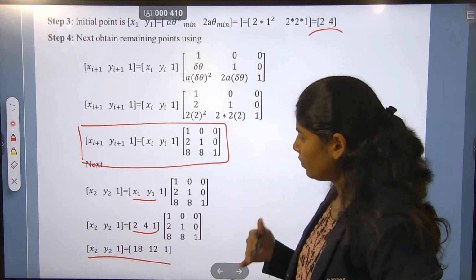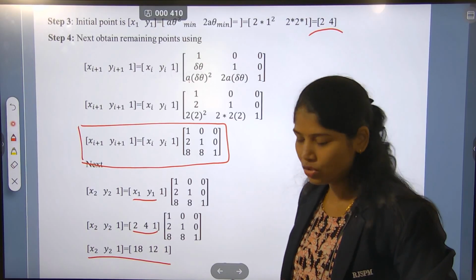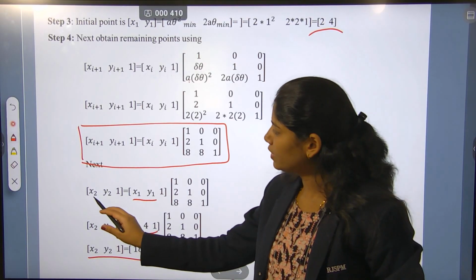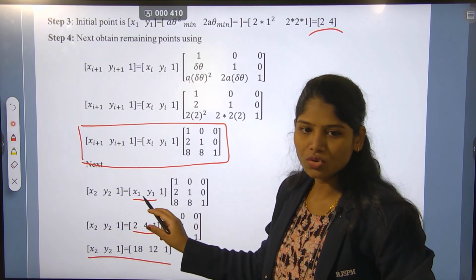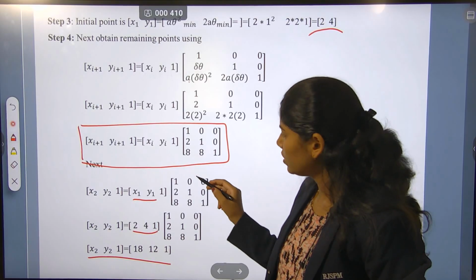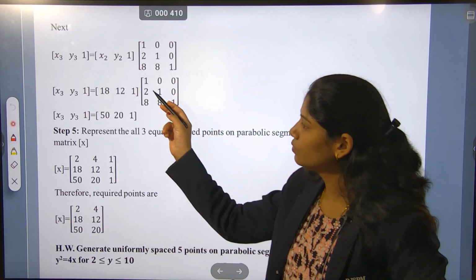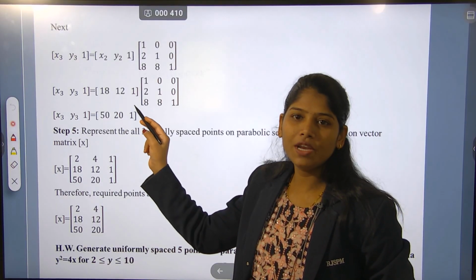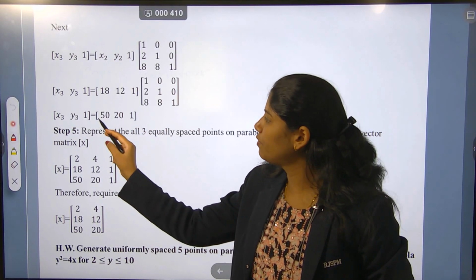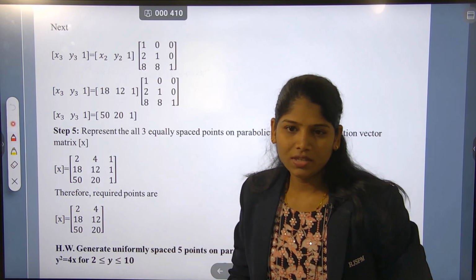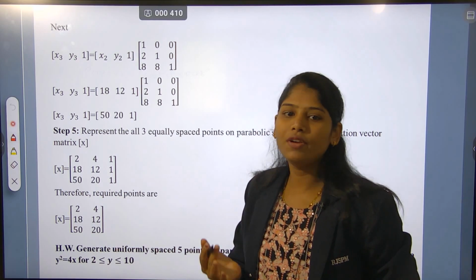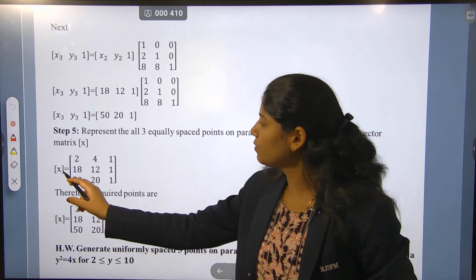Okay. Then go for the third point also in the same manner: x3, y3, 1 is equal to x2, y2, 1 into this matrix as it is. Check here. So after doing the multiplication we get our third point as 50, 20, 1. After getting all the points, we will write all the points as position vector x.